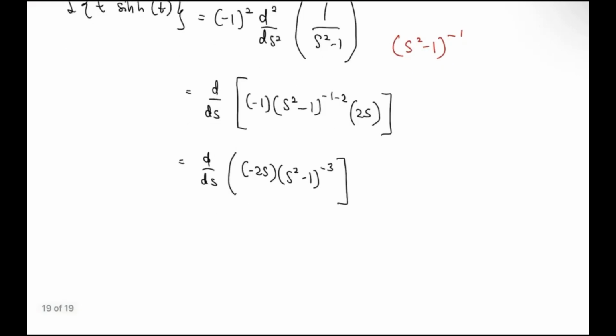Alright, next differentiate minus 2s, s squared minus 1 to the power of minus 2. So this one you cannot use chain rule, but you need to use the product rule because this is multiplication of two functions. So let this be u, this be v. So by using product rule, we have u dv plus v du.